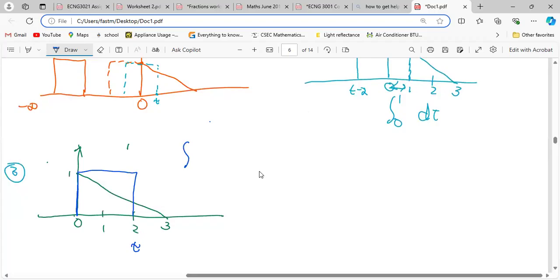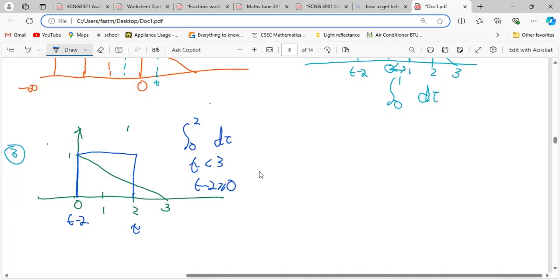So it'll be an integral from 0 to 2. That'll be the integral for this piece here, when it's completely inside. So in this case, your t is still less than 3, but your t minus tau is more than or equal to 0. That is where the pieces is. Remember, there's t minus tau. Sorry, 2. And afterwards, that's the opposite of what you had before with the half half.